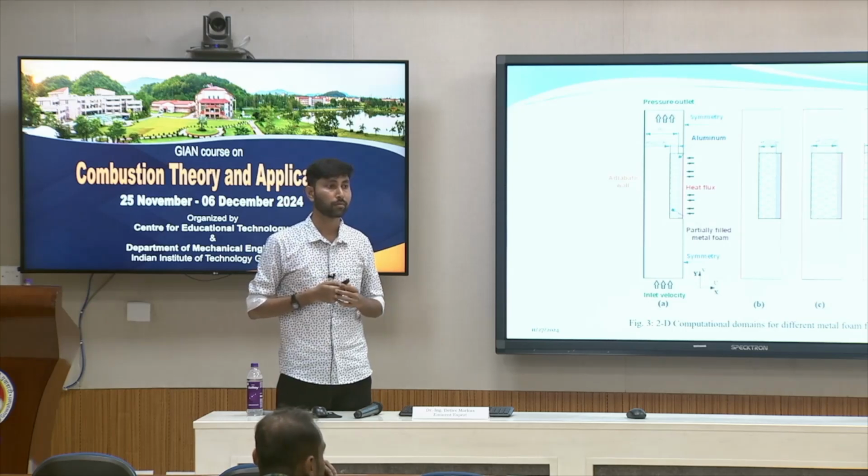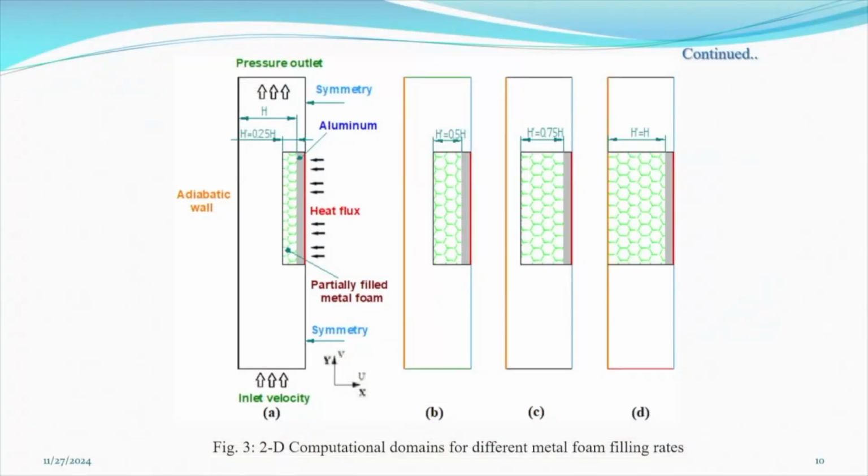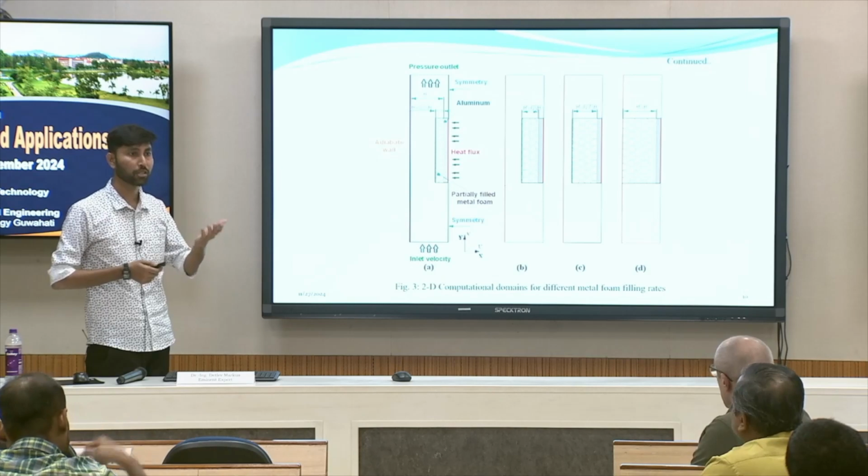Do you have a plot of the grid you have used? Yes, sir, I have considered the grid study also. No, in this presentation I have not presented it. The question is, how do you resolve this porous structure? You use Gambit as the grid generator, and then Fluent. Gambit is for mesh modeling.